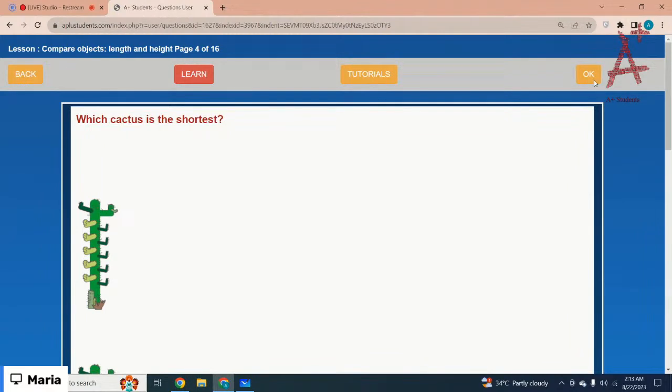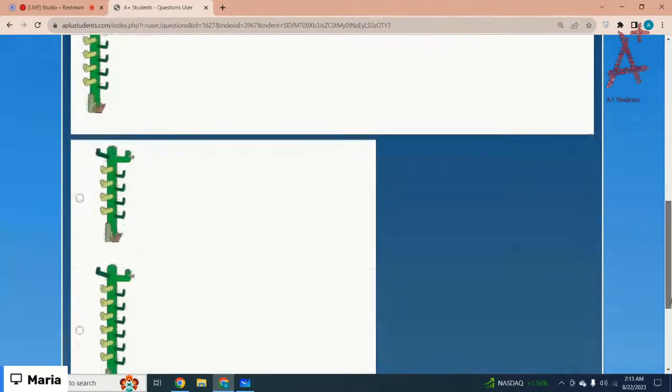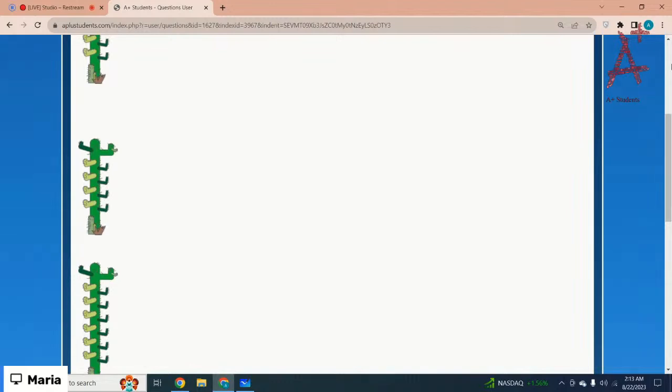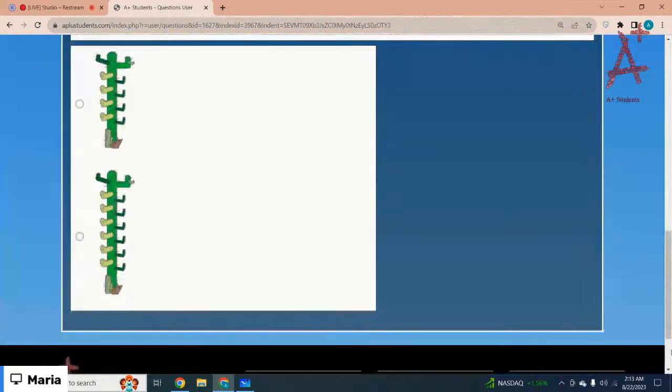Which cactus is the shortest? Okay, the shortest one you have to select.